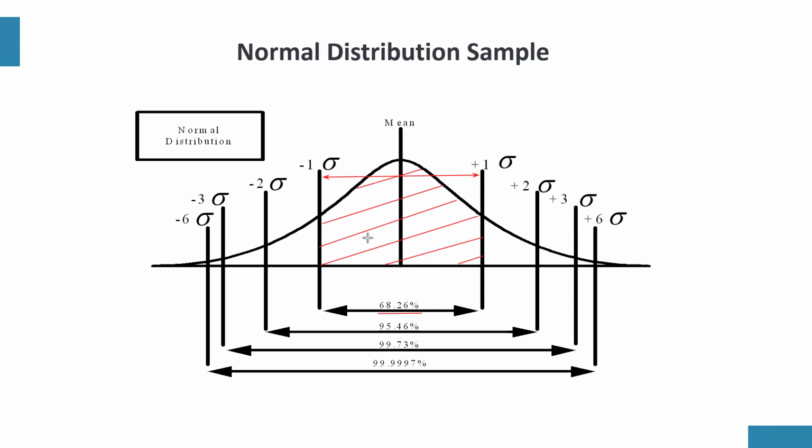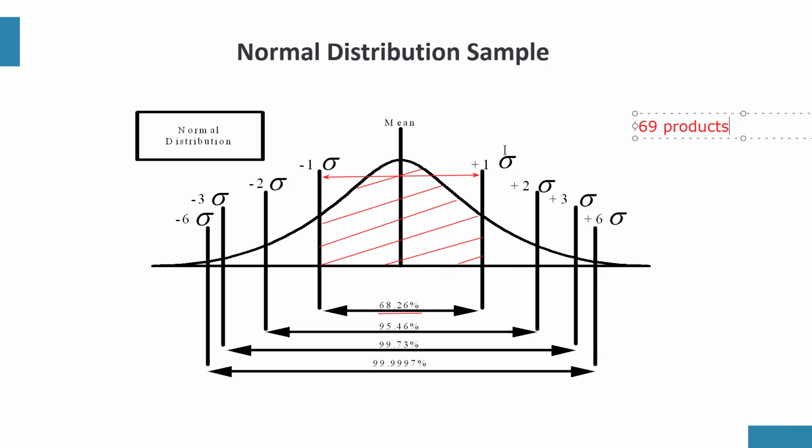If they are producing 100 products, they need to ensure 69 products are defect-free. Why? Because if their quality standard is 1 sigma, of course, you can't get 68.26 products, so it has to be 69. So the moment 69 products out of 100 are okay, they've attained 1 sigma quality standard.